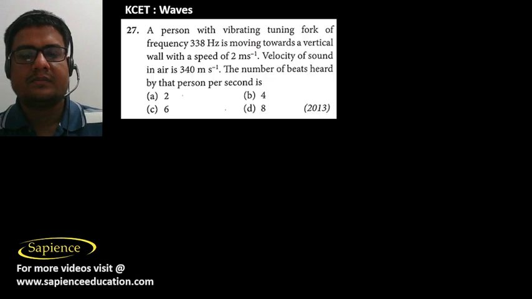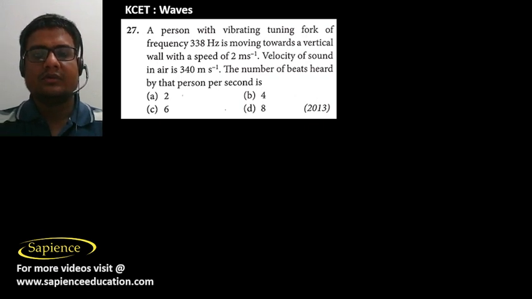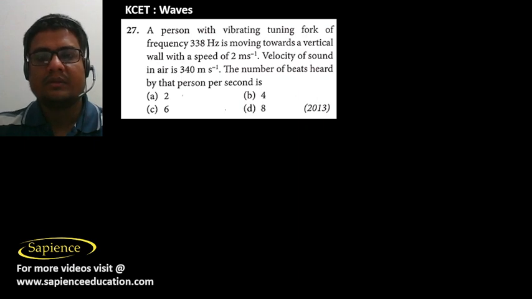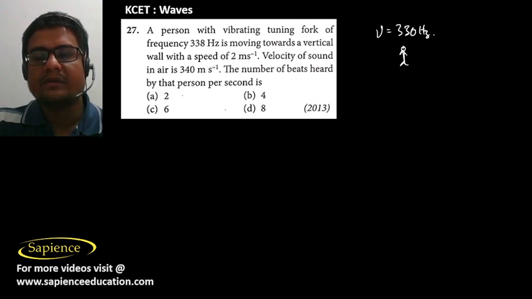Then it is told in question number 27, a person with vibrating tuning fork of frequency 338 Hz is moving towards a vertical wall. So the man is having a tuning fork.